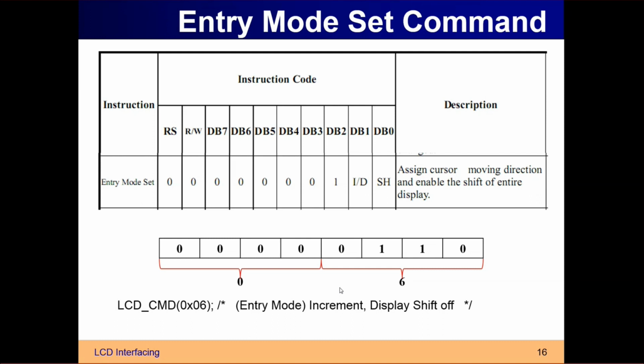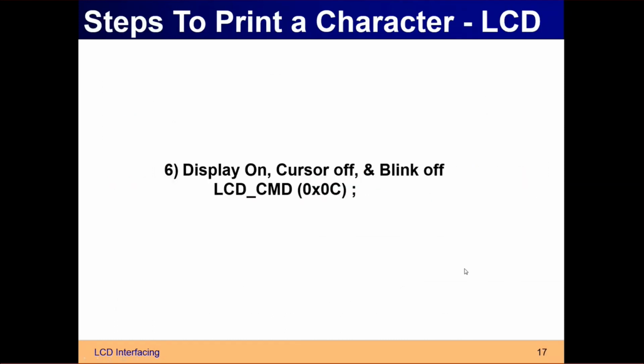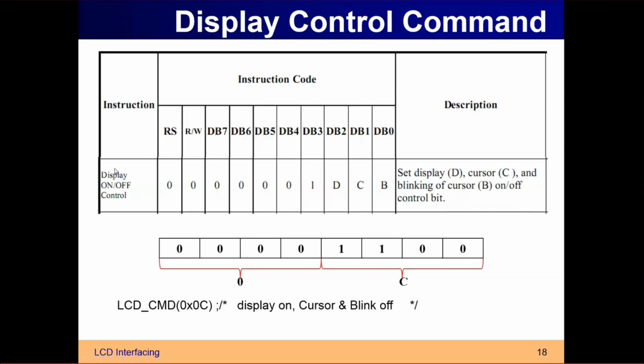That is entry mode. In the next step, you are configuring display on, cursor off, blink off. Again, the command is here. Display on control is the command, so it will be 0, 0, 0, 1. Then the last 3 bits you can configure. D means whether display is on or off. Here my display should be on, so this value is 1.